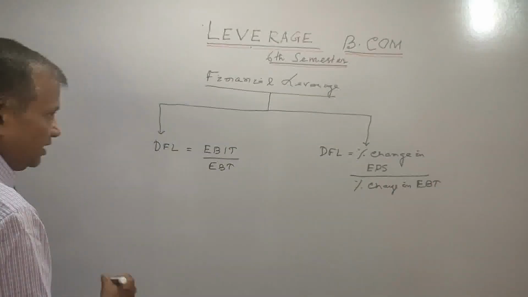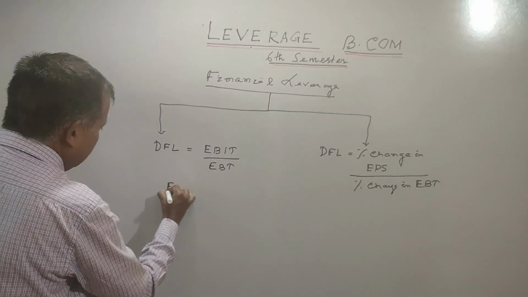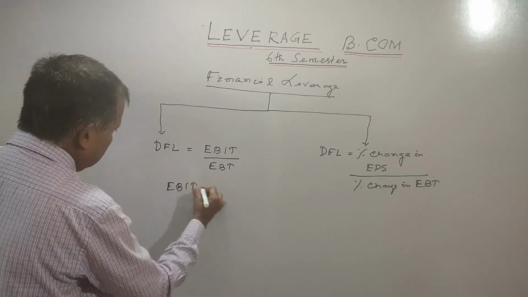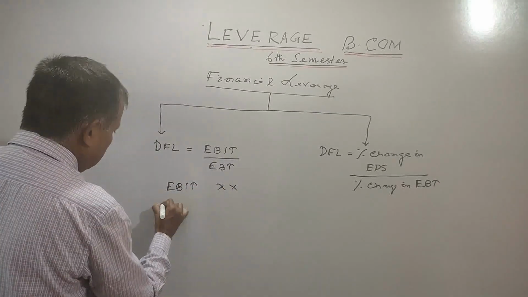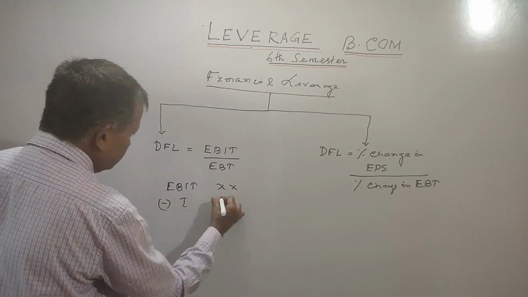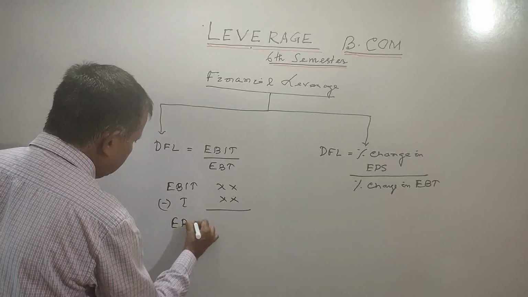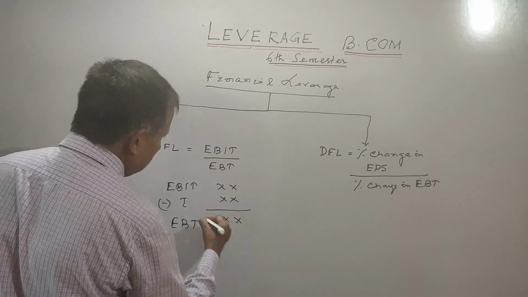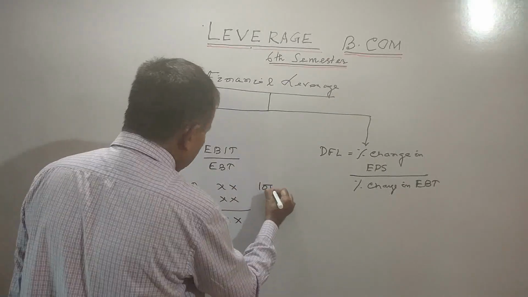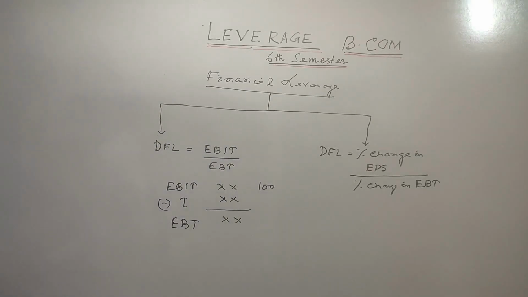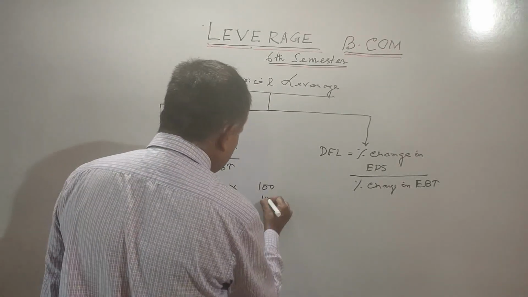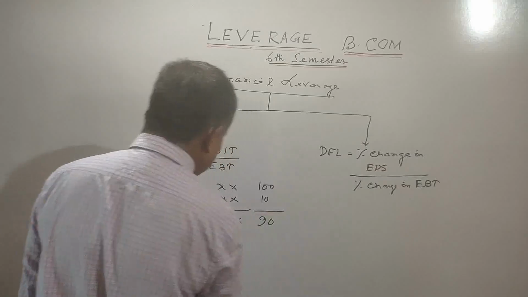So friends, if you see, EBIT less interest is your EBT. If you take EBIT as 100 and interest is only 10, it is 90.